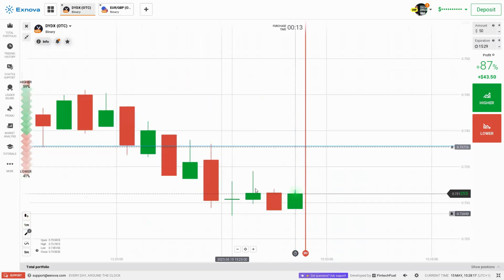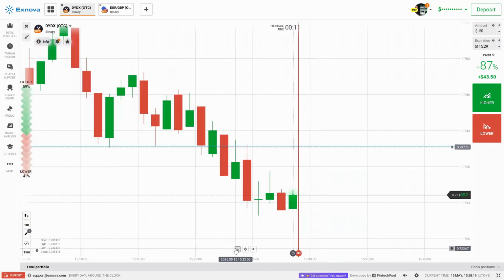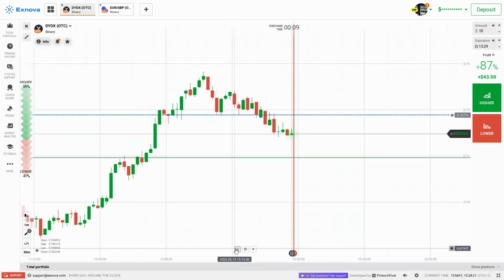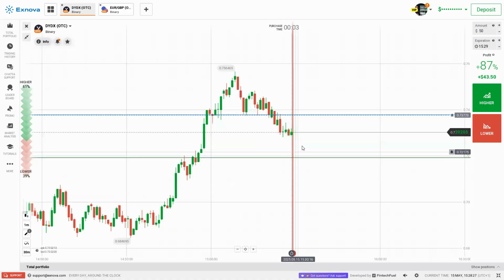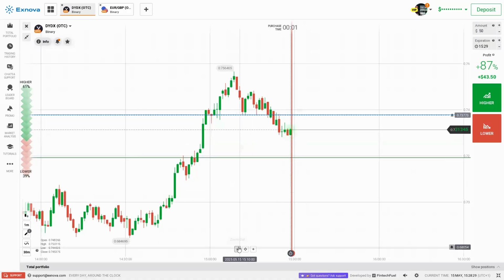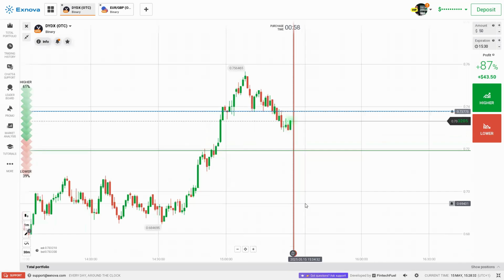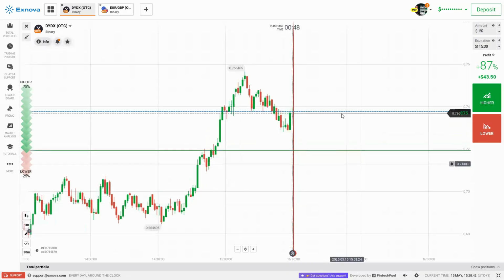Okay, they didn't really break the low very well. That candle is looking small. Okay, market is almost at the highs.